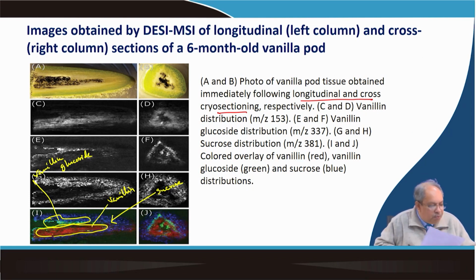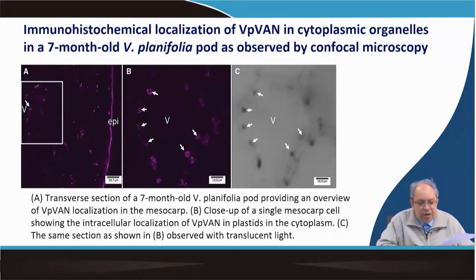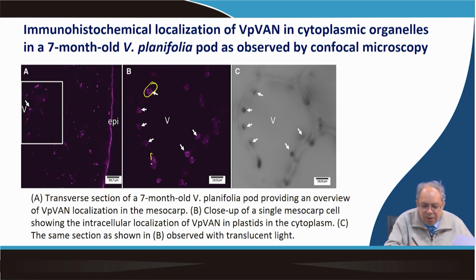Similarly, several papers are nowadays appearing in very good journals, where they are localizing the specialized metabolites in the tissue using this technique. Not only that, they have done immunohistochemical localization of VpVAN. So, that means the Vanilla planifolia VAN, that is vanillin synthase, exists, and they characterized the gene.